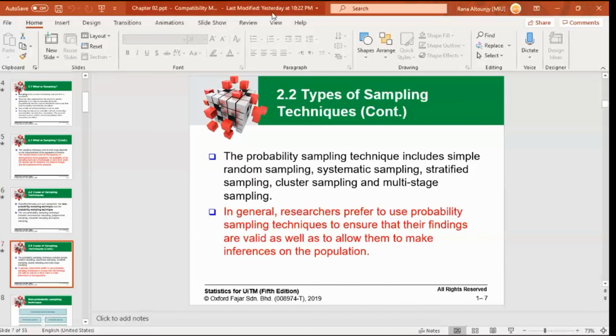So when they take a decision about the population, or when they announce their results, maybe some people will say no, your results are not right because you used what we call a non-probability sampling method.